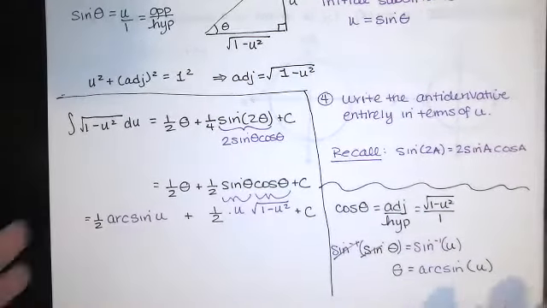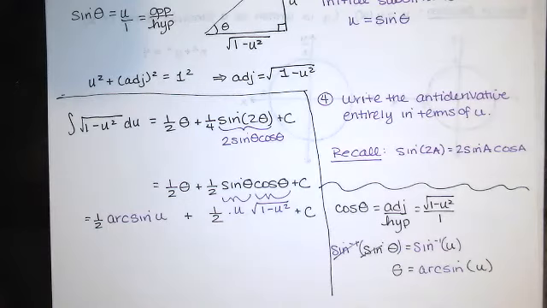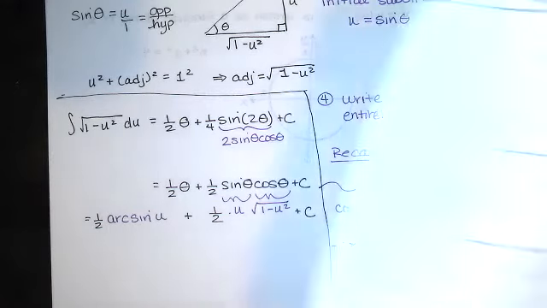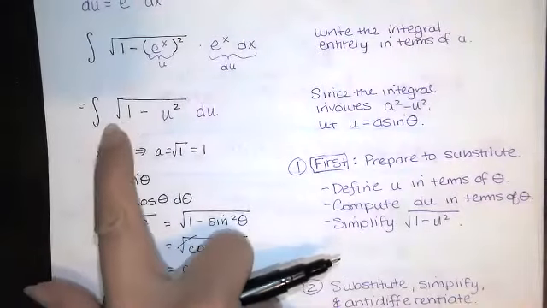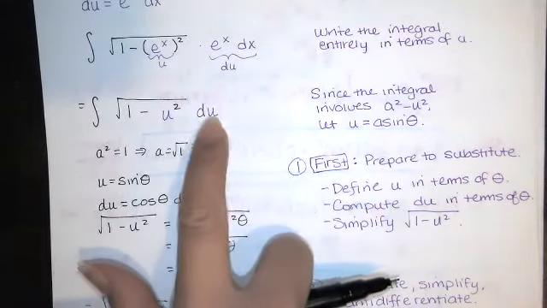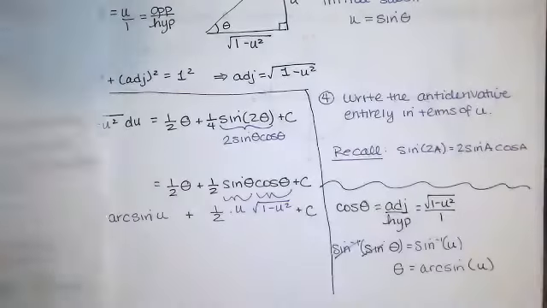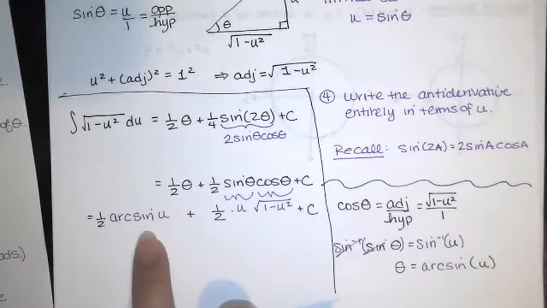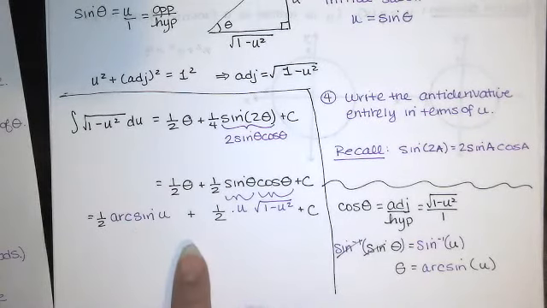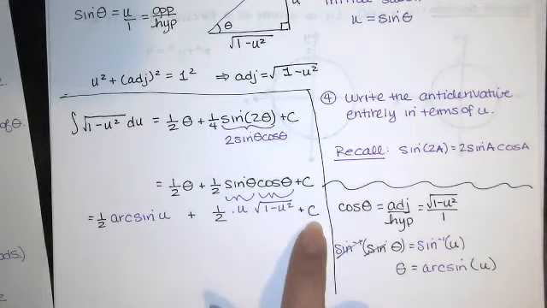And we're almost done. We've finished the trigonometric substitution part. So the integral of the square root of 1 minus u squared with respect to u turns out to be 1/2 of arc sine of u, plus 1/2 of u times the square root of 1 minus u squared plus c.